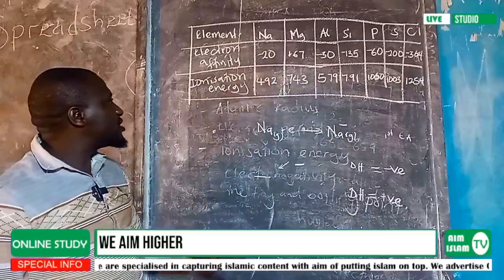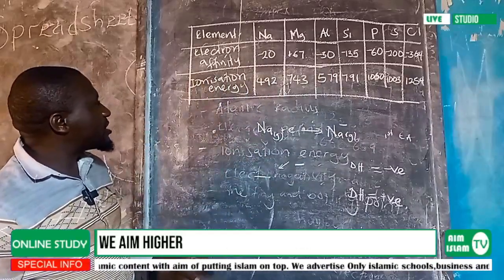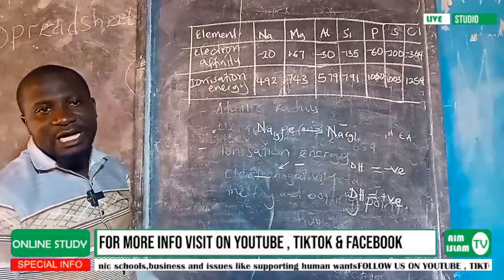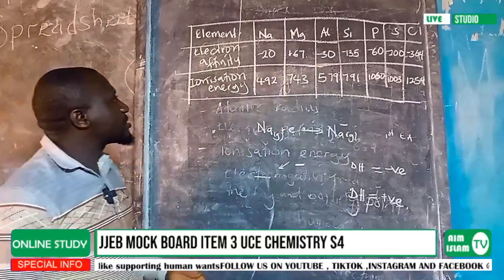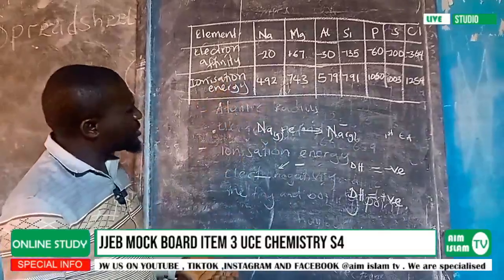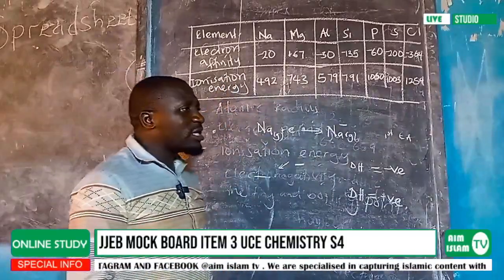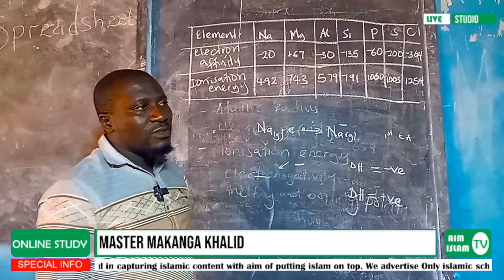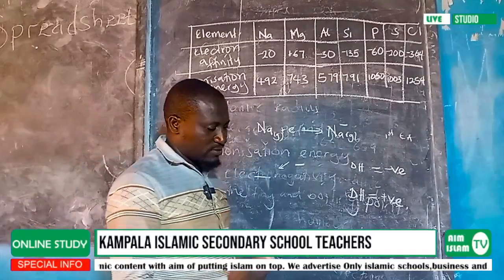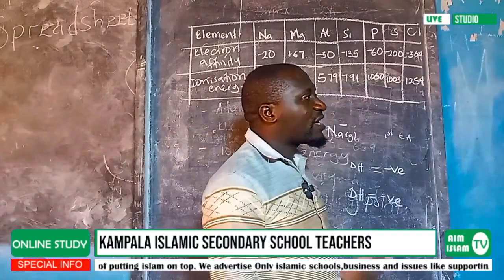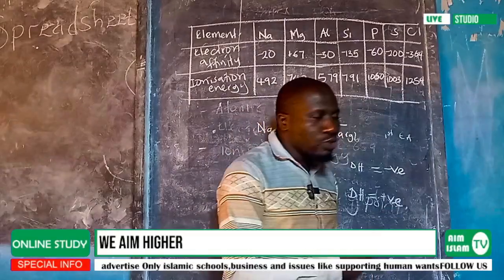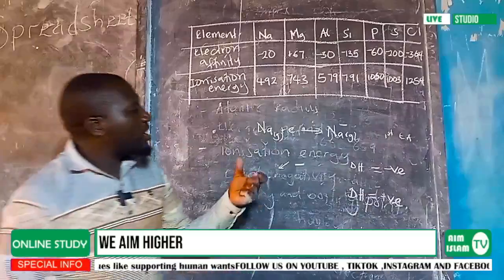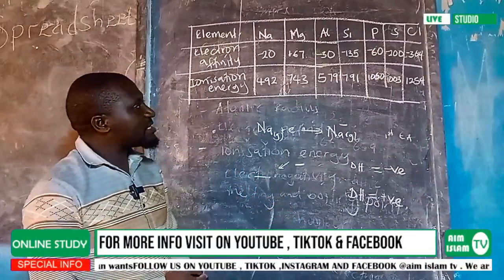Before we come to the variation, let me talk about the ionization energy. Then I will come to the variation and respond to the item as it is. Ionization energy deals with the enthalpy change that occurs when one mole of a gaseous atom loses one mole of electrons to form a unit positively charged gaseous ion.